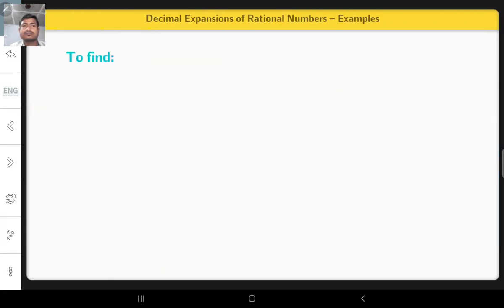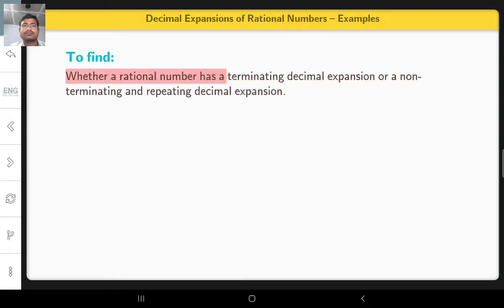Let's understand, without dividing, how we can find whether a rational number has a terminating decimal expansion or a non-terminating and repeating decimal expansion. The number 29 by 343 is in its simplest form and can be expressed as 29 divided by 7 to the power 3.